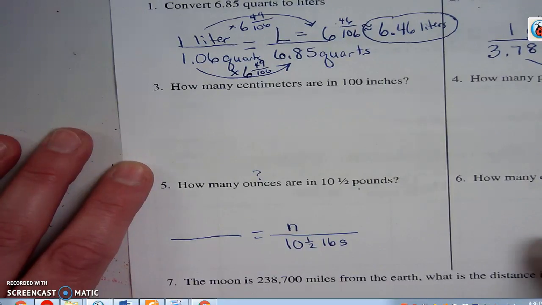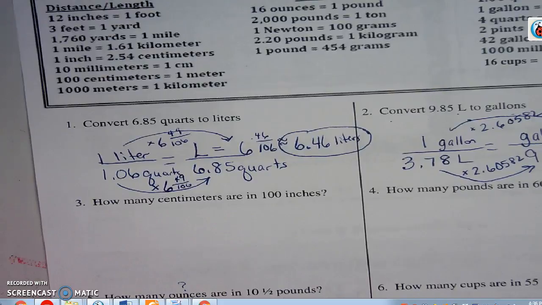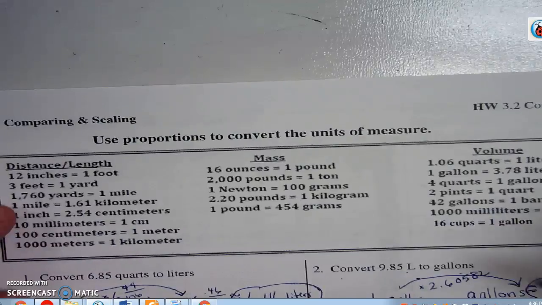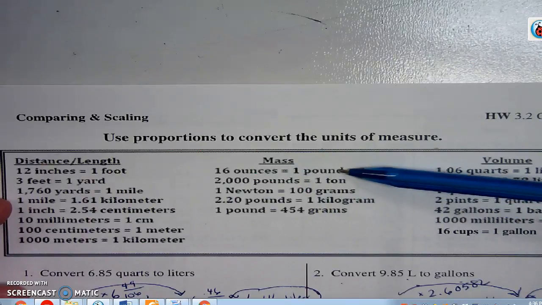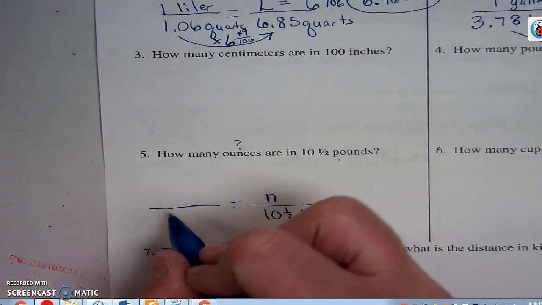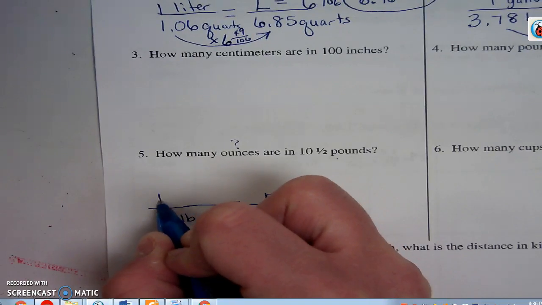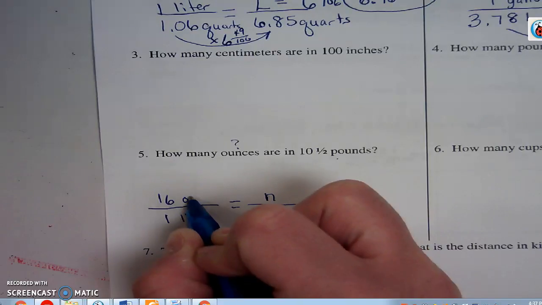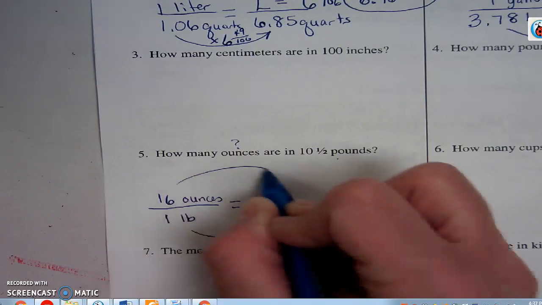Now I have to find, up at the top here, pounds and ounces are weight. So I'm looking at mass, a conversion between pounds and ounces. And that's the first one, that 1 pound is 16 ounces. So I'm going to put in 1 pound next to the pounds, and 16 ounces. Draw my arrow towards what I don't know.